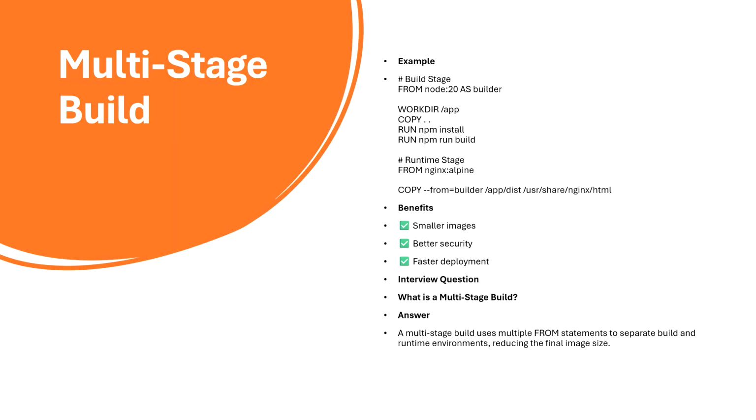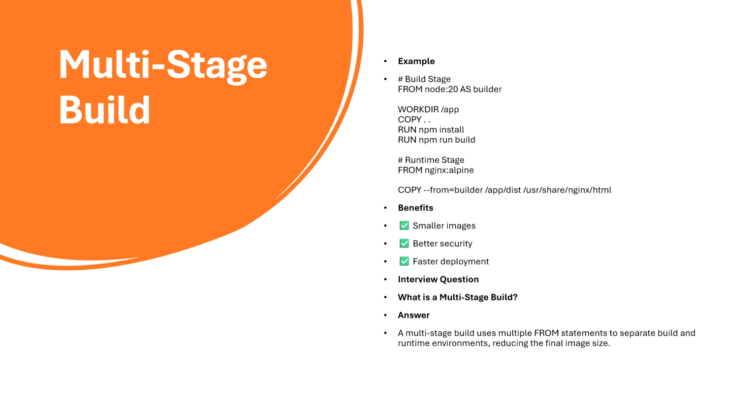Now we understand that we will be using multi-stage builds, but what exactly do we mean by multi-stage builds? It's a very popular Docker interview question. A multi-stage build allows us to separate the build environment from the runtime environment. Suppose we need Node.js only during build time, but once the application is built, we need Nginx to serve the static files.